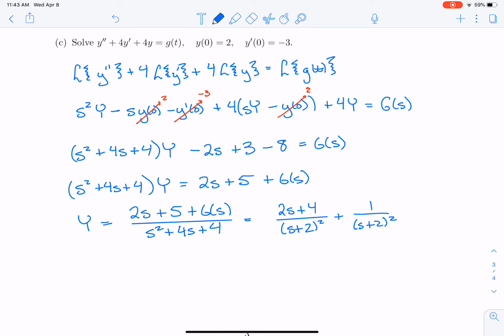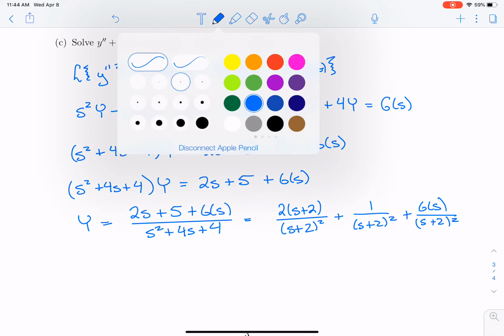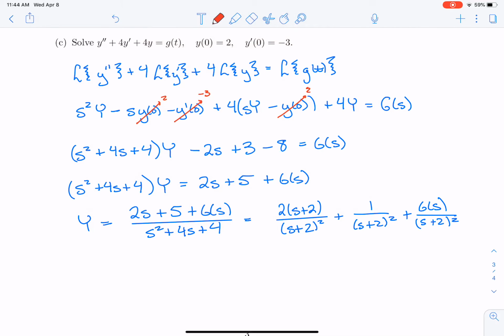So notice I divided up the 2s plus 5, so that was 2s plus 4 plus 1. That still gives me 2s plus 5. And then I'm going to put the plus G of s over s plus 2 squared. Now 2s plus 4, maybe I can write that a little bit nicer. Maybe that's 2 times s plus 2, which would be really nice because then, of course, I can cancel the s plus 2. So this one cancels with that one.